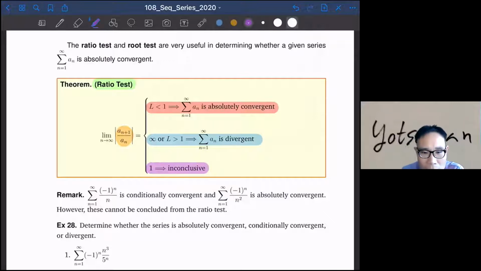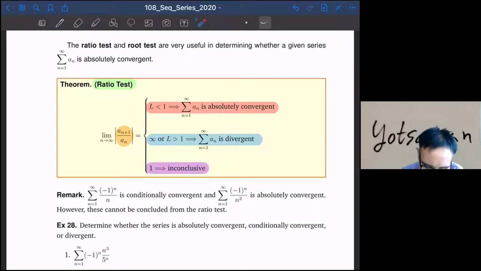When the limit equals 1, the situation is inconclusive. So for the ratio test to work, you need to compute the limit, and the limit has to be different from 1. Less than 1, absolutely convergent. More than 1, divergent. Equal to 1, inconclusive.